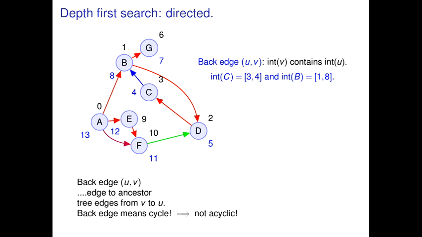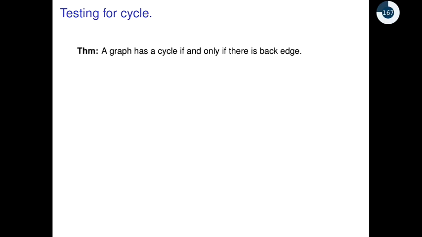But is it true that if there's a cycle, you always have a back edge? Maybe you miss it. Now I'm going to argue yes, as somebody helpfully pointed out, that if there's a cycle, there's always a back edge.